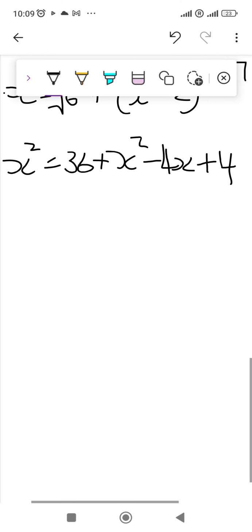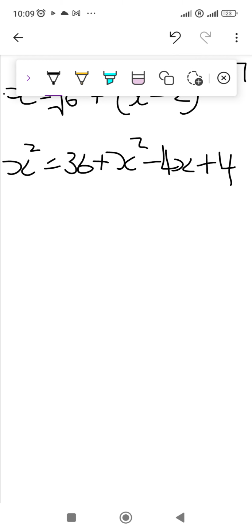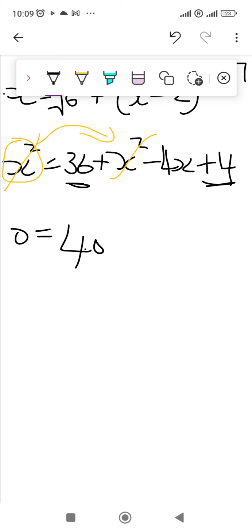So we have X squared, so we'll take everything over to one side and equate this to 0. In fact, I'm going to subtract X squared on both sides to get rid of this, right? That's what we say when we move it over. And if I'm subtracting X squared on both sides, this one and this one's actually going to disappear. So I'll end up with a 0 on my left-hand side, equals 36 and the 4, so it's going to be 40, right? Minus the 4x.